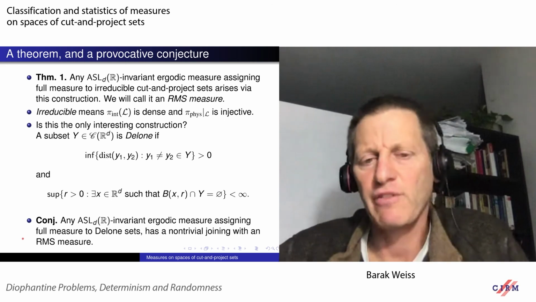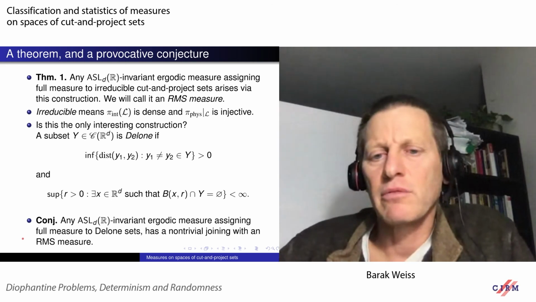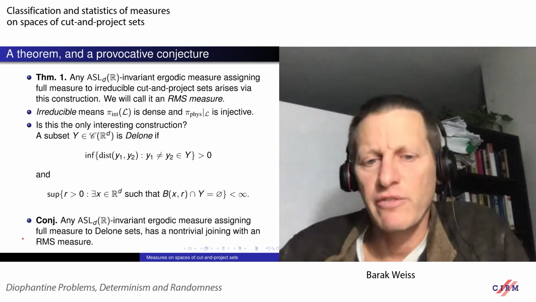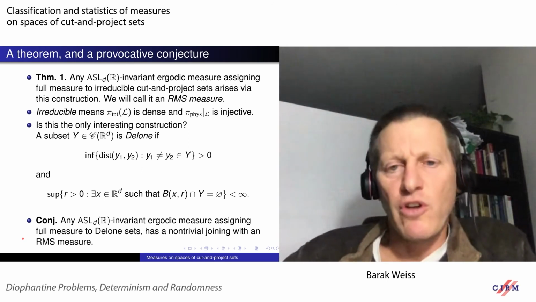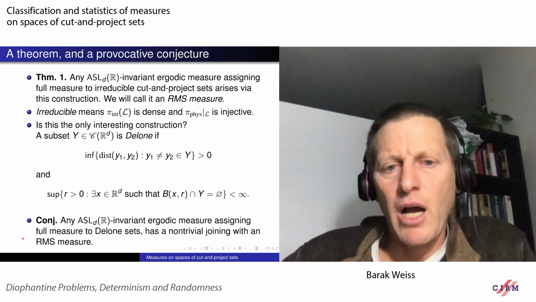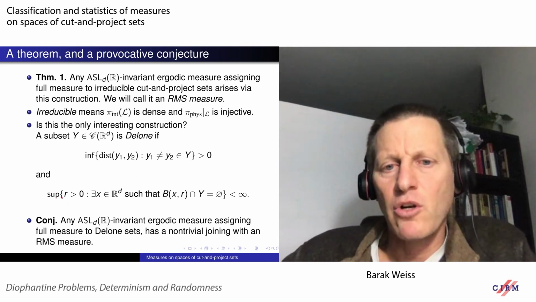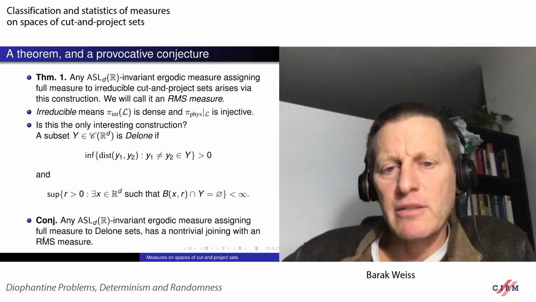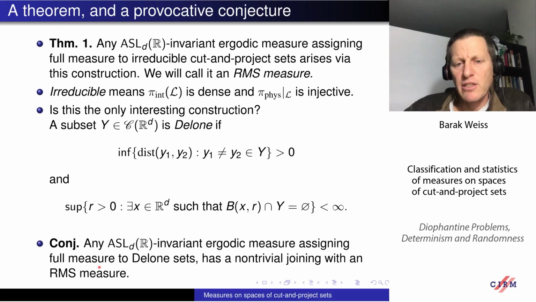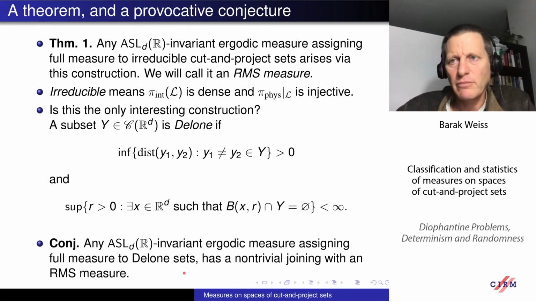The only evidence that I have is that I tried, several times, using several different ideas, to construct such a measure supported on this collection. And you should remember that this ASL_d group is a big group, and I wasn't able to. I'd be happy to be proved wrong if you have a counterexample, but I find it challenging to envision any counterexample to this conjecture.